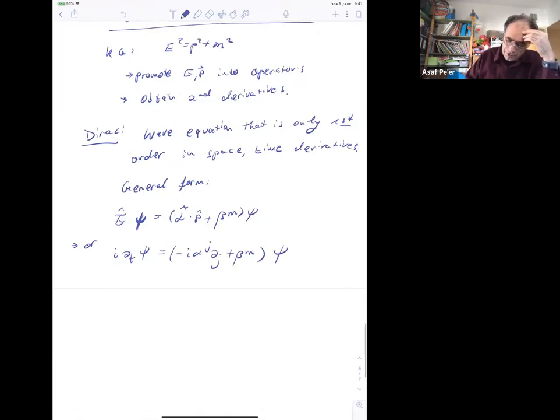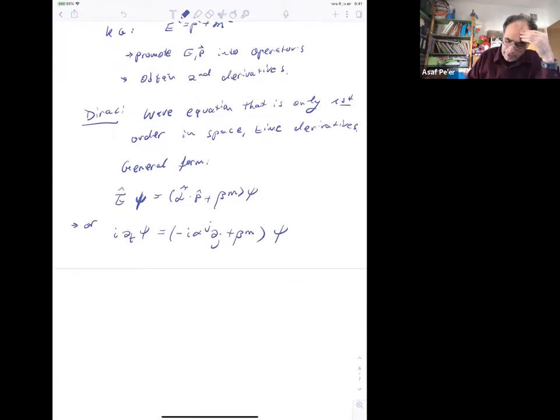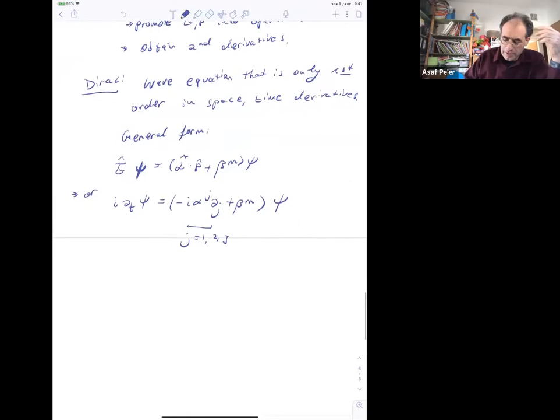The summation over j is only over the spatial part, j is just 1, 2, and 3. Alpha is a vector, and alpha and beta are constants. But these are not just numbers, as we're going to see shortly. And they don't necessarily have to commute with each other. That's an important point.